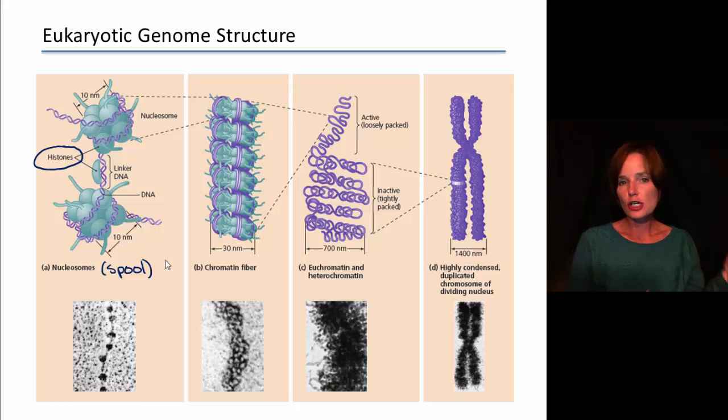We start to do some wrapping, then we wrap it some more, then we coil it even more, and ultimately at the end we have this super compacted chromosome which contains DNA, but really a whole lot of protein as well. This structure is not something that happens all the time inside cells. There's a specific period during their life when they have chromosomes that look like that, but it's highly compacted DNA and protein.